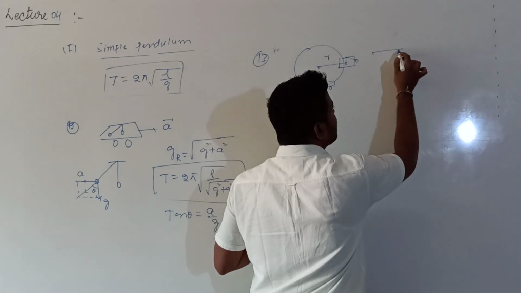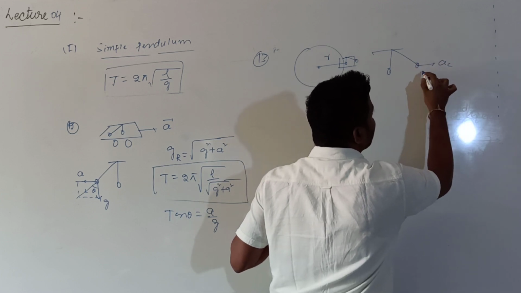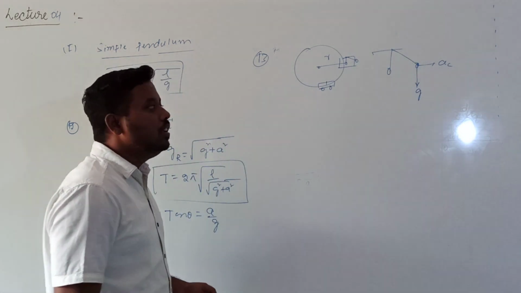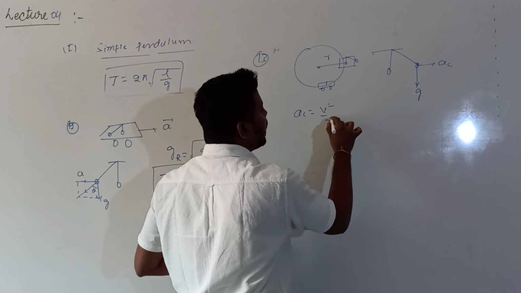In this case, what are the accelerations acting on the bob? One is the centripetal acceleration, and one more is the acceleration due to gravity. The centripetal acceleration is v²/r.